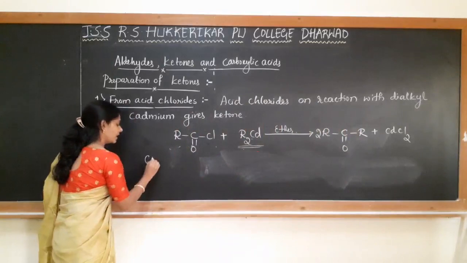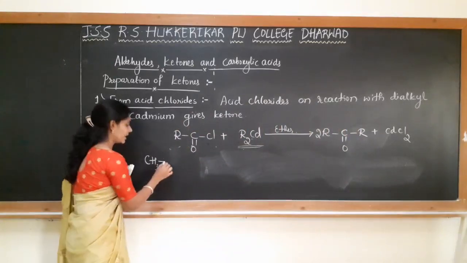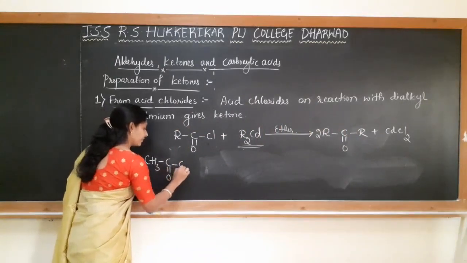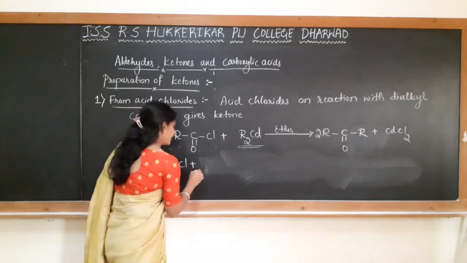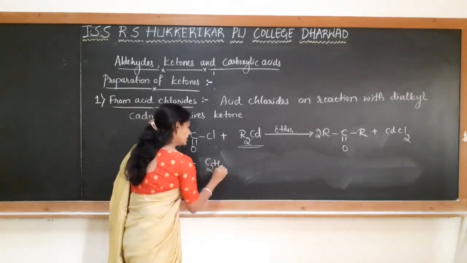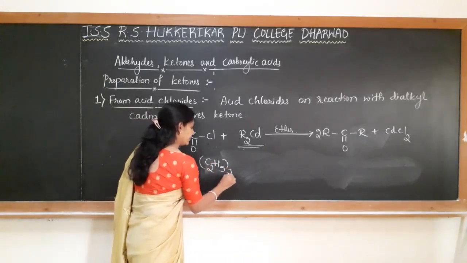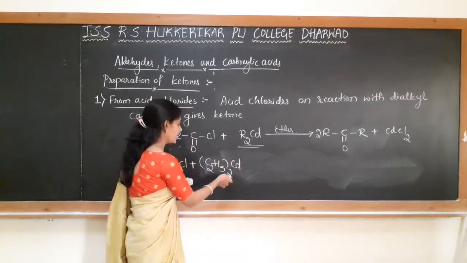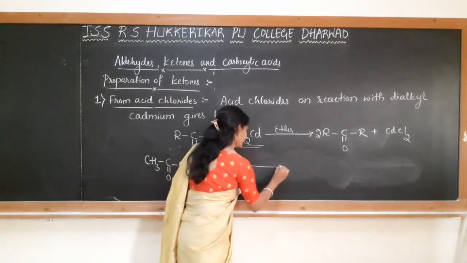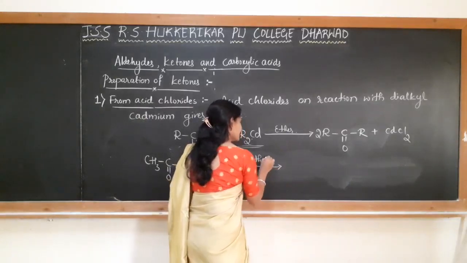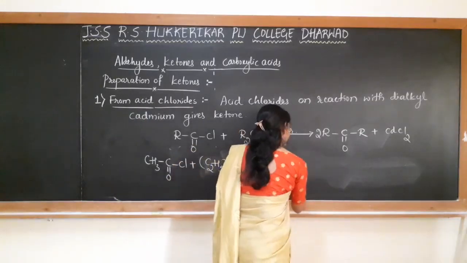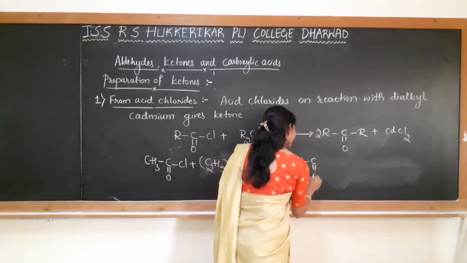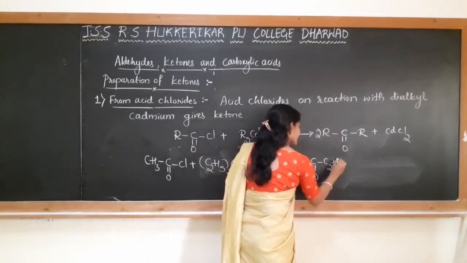In place of R, we can take any alkyl or aryl group. Acetyl chloride on reaction with diethyl cadmium. If I take C2H5 in place of R, diethyl cadmium in ether medium results in the formation of CH3COC2H5.